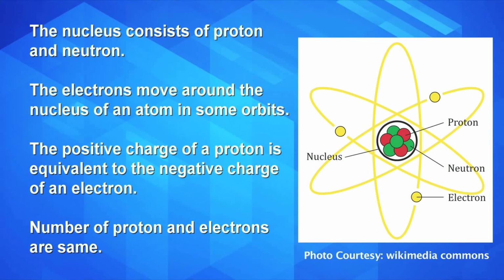In metal, some of the outermost electrons are loosely bound and can move freely throughout the metal structure. The positive charge of a proton is equivalent to the negative charge of an electron. So, in an atom, the number of protons and electrons are the same.